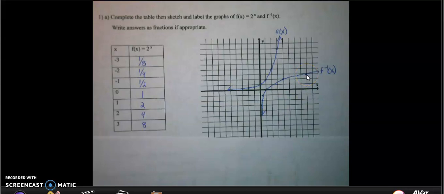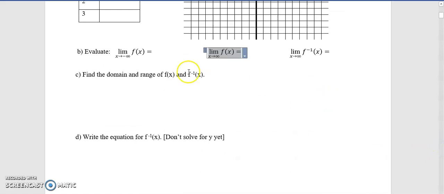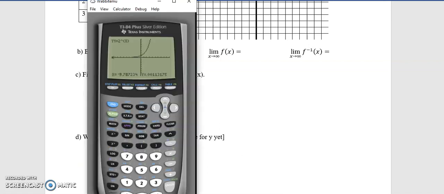The next questions will deal with limits. So remember, the limit as x approaches -infinity of f of x. That's saying as you go way out to the left, what is your y value approaching? And we saw in the graph, as you go way out to the left, the y value is approaching 0.